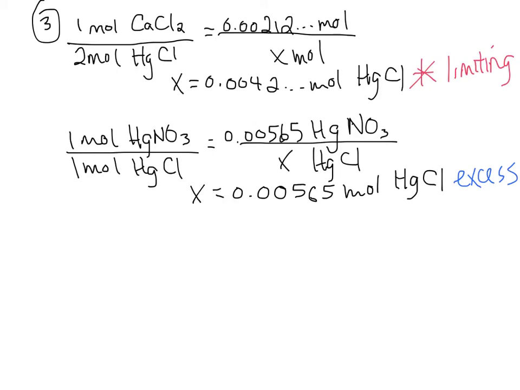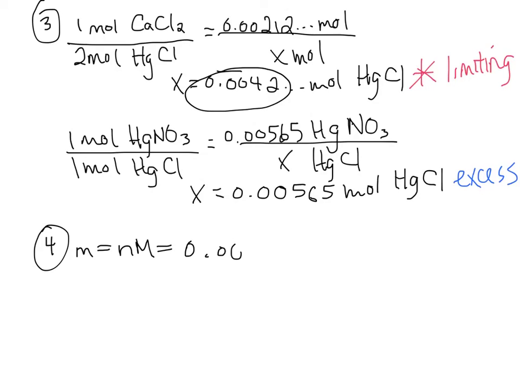Now that we know our limiting reactant, we can use that to find the mass of the mercury(I) chloride that is formed. So we're going to take mass as moles times molar mass. And we're going to use the number of moles from our mole ratio using calcium chloride because that is our limiting reactant. So we've got 0.0042 moles of mercury(I) chloride that is formed times the molar mass of mercury(I) chloride, which is 236.04 grams per mole.